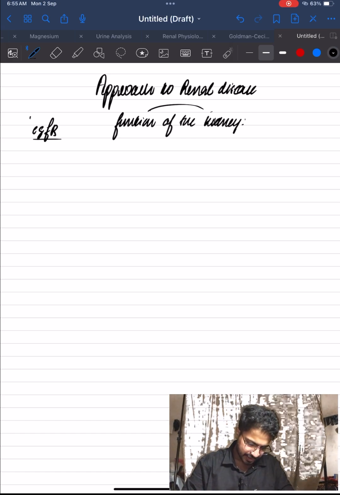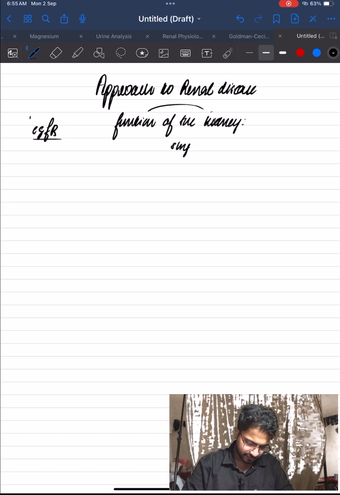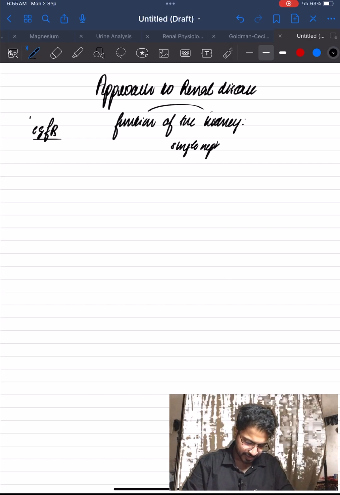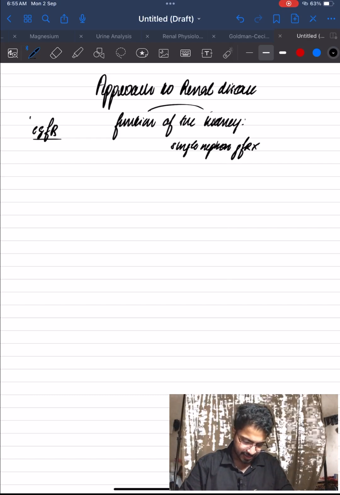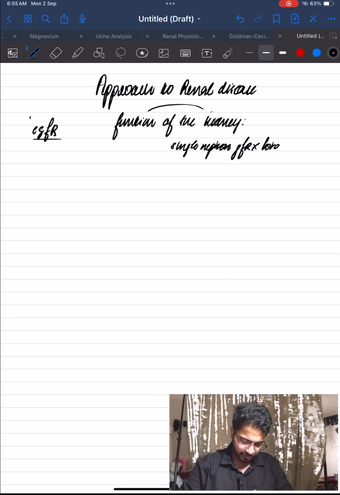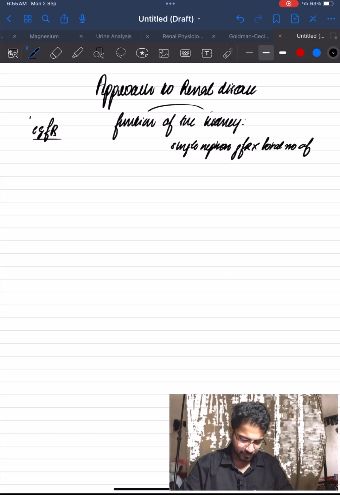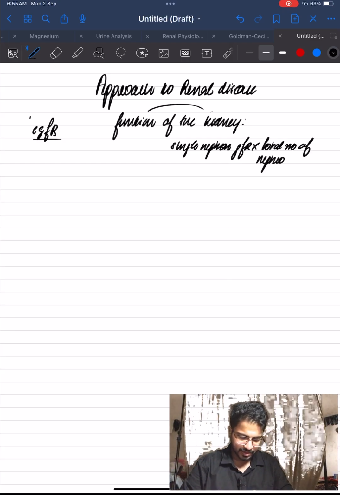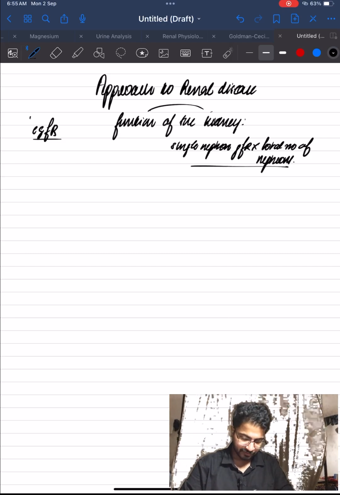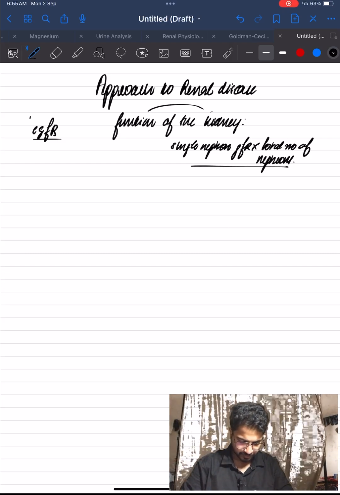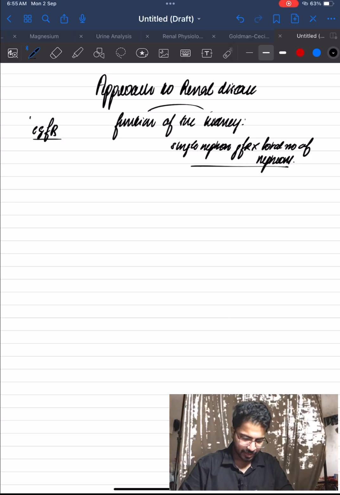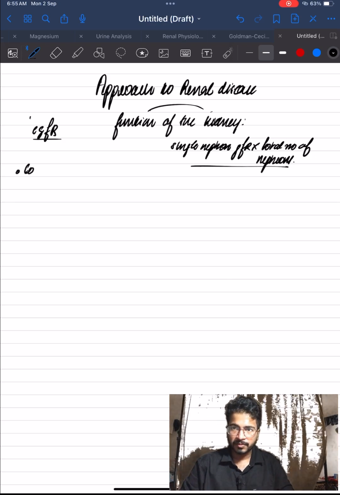The function of the kidney is nothing but single nephron GFR into total number of nephrons.